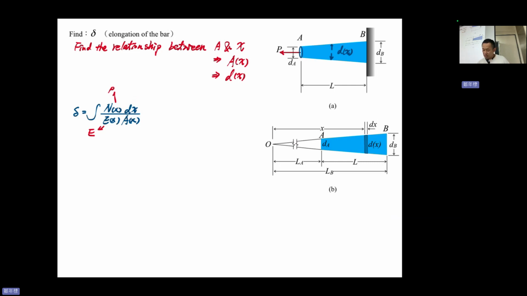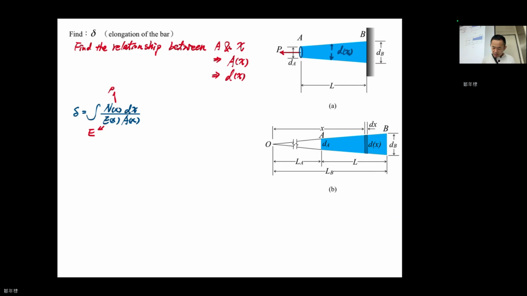The dx is the gradual small change along x-axis. dx is a small change, but d of x means the diameter is a function of x. All right, these two are different.